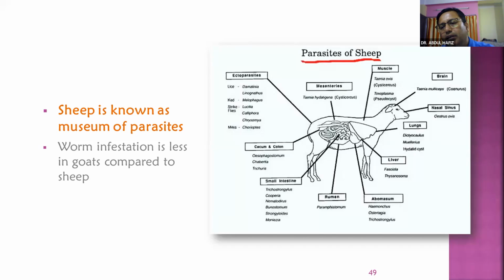Likewise, nasal schistosomiasis, and in the nasal sinus, Oestrus ovis in the nasal septum. Thus, these parasites are very common.